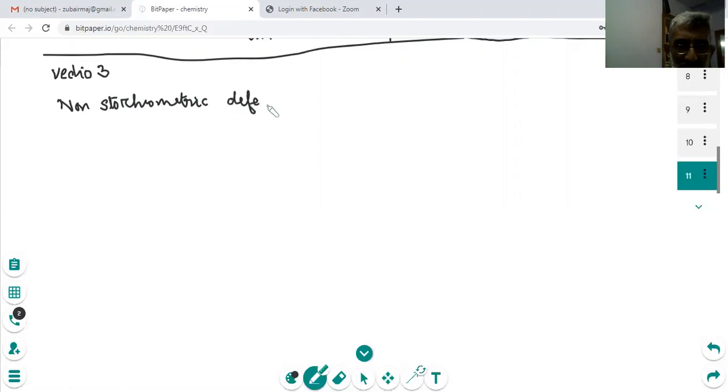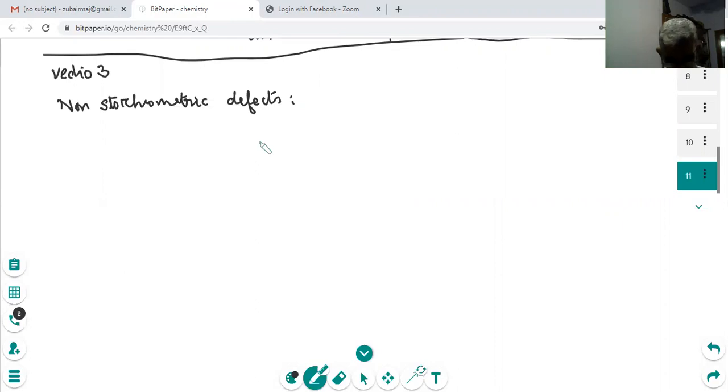Now, non-stoichiometric defects means the stoichiometry of the crystal will not be maintained. That is, if some of the ions are lost permanently, or some ions are added into the crystal, then the original, expected stoichiometry is not maintained.